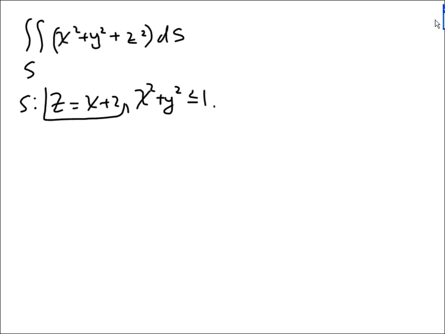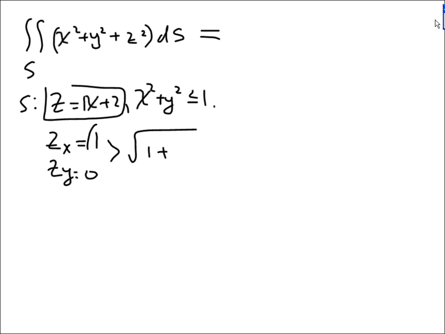So z is equal to x plus 2. So z sub x is 1, and z sub y is 0. So the square root of 1 plus z sub x squared plus z sub y squared, that's the square root of 2.